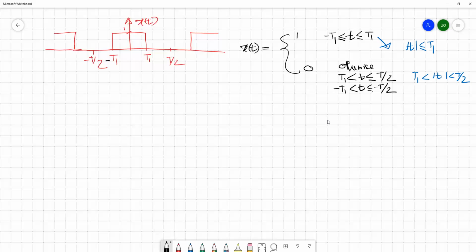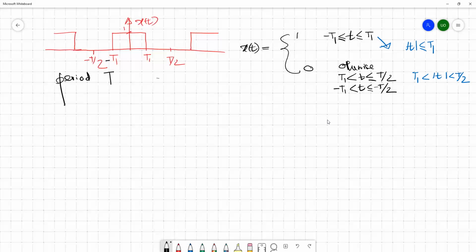So it's a kind of a periodic function. So the period is actually T. But this particular function is not defined through the entire period.